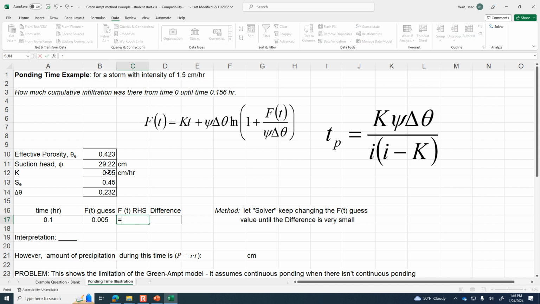It is the K times T plus theta times delta theta times logarithm of 1 plus F of t, the guess, divided by suction head times delta theta.